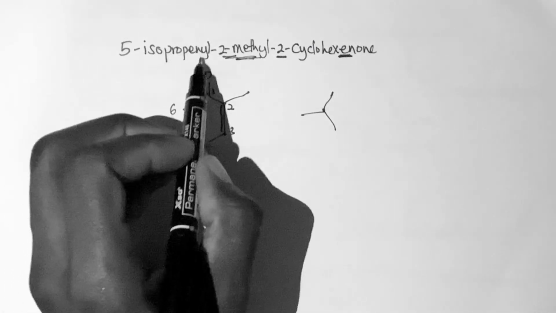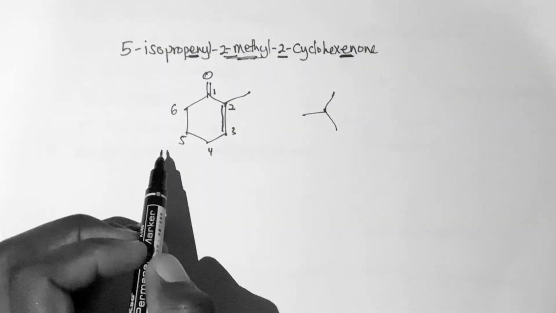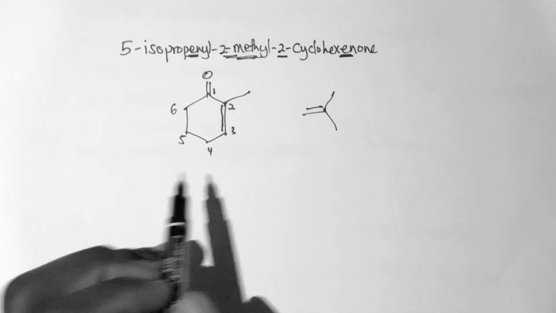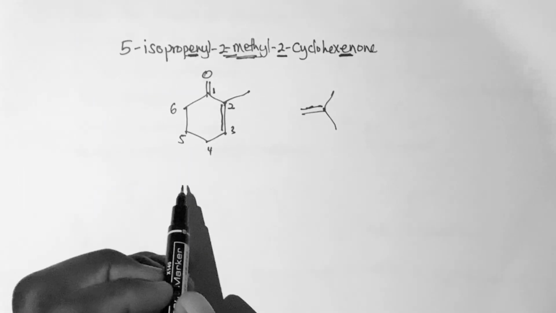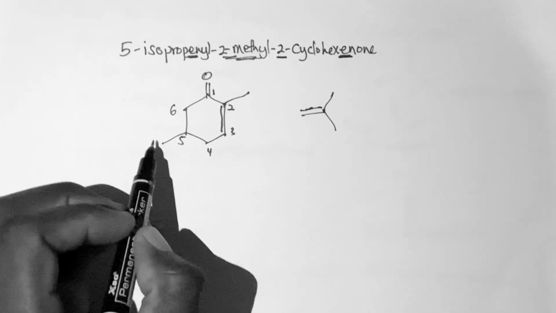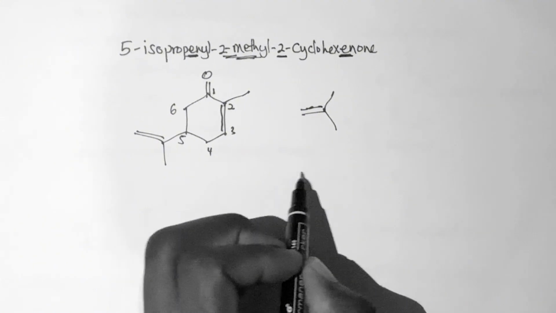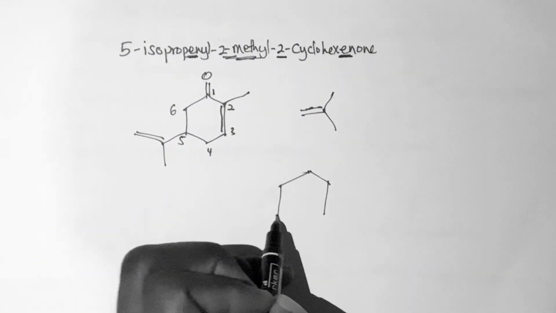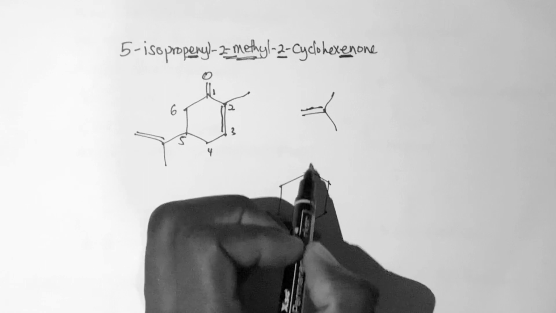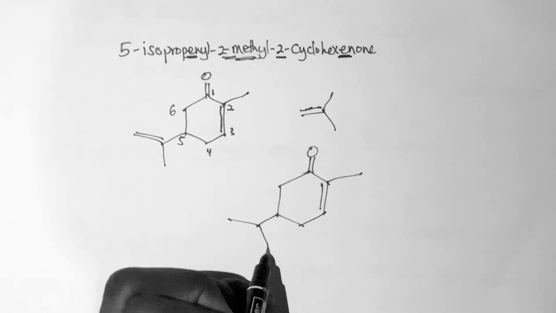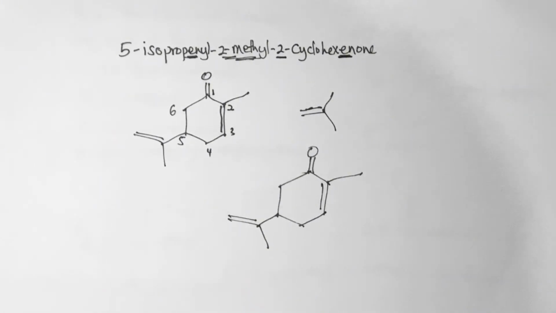But because it is an isopropenyl, it means it also has an alkene functional group, which must be on carbon number 5. So this is how it looks. Let me redraw the molecule. So the final molecule is going to look like this. So this is the structure of 5-isopropenyl 2-methyl 2-cyclohexenone.